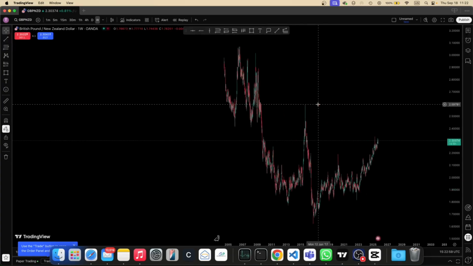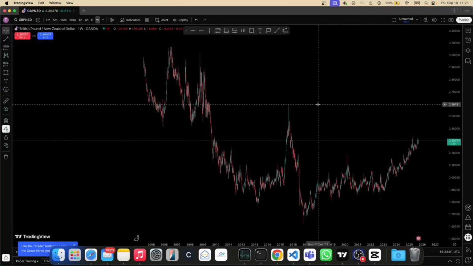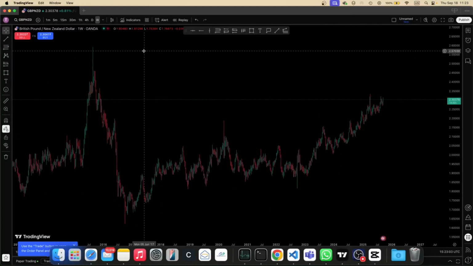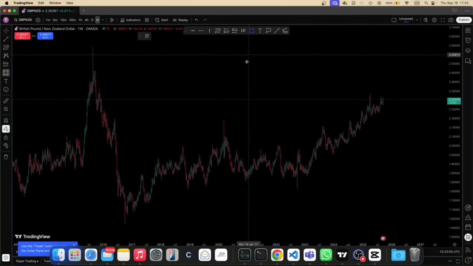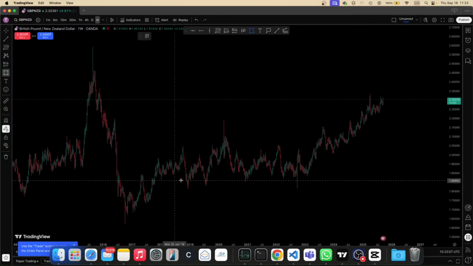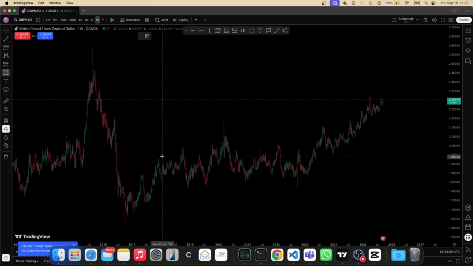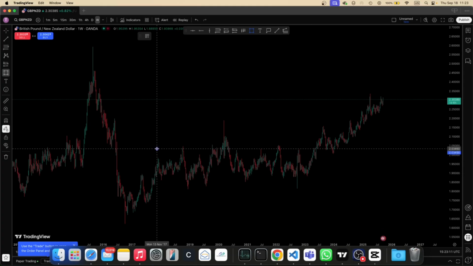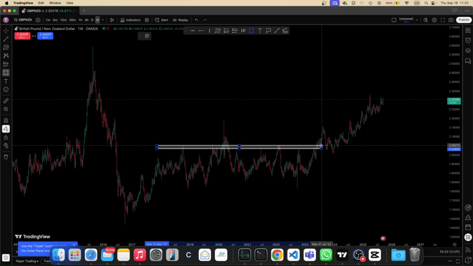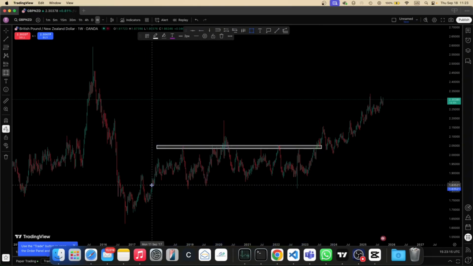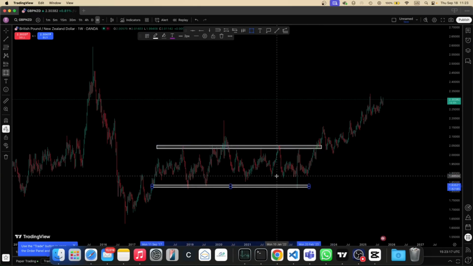GBP, because I have traded it back in 2018, 2019. This one, you see, is a very long range, so we can say maybe the collective resistance and collective support is here.